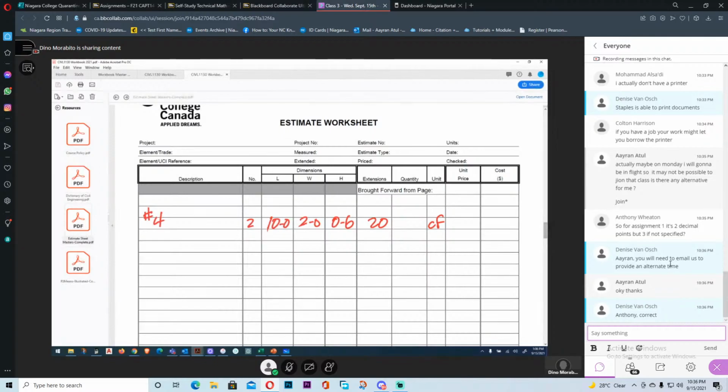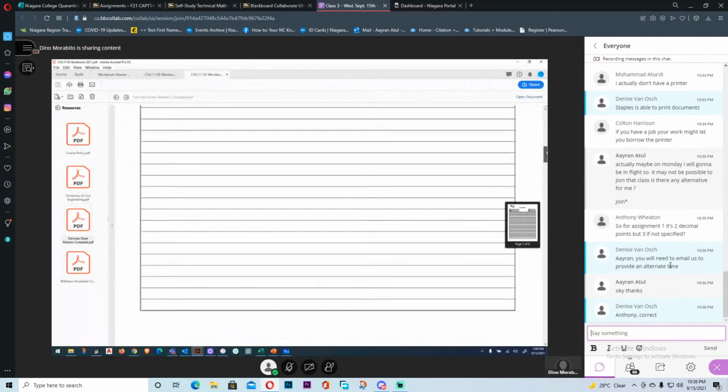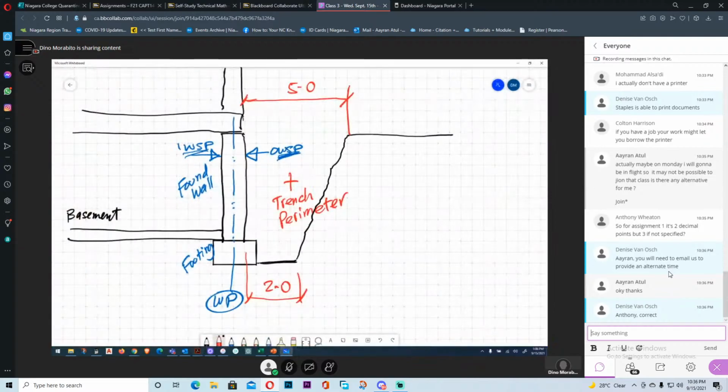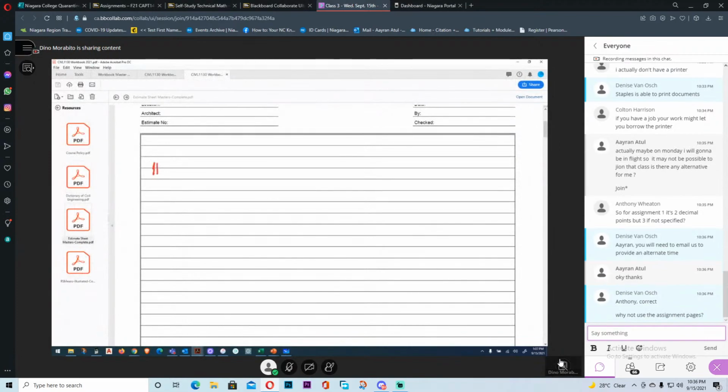And, you know, I can use this page to do the same type of work. Okay, now conversely, where am I? Whoops, I'm on the wrong page. Sorry, guys. Conversely, I could be back on page 1 here. Question number 1, and let's say this was a volume of a footing.